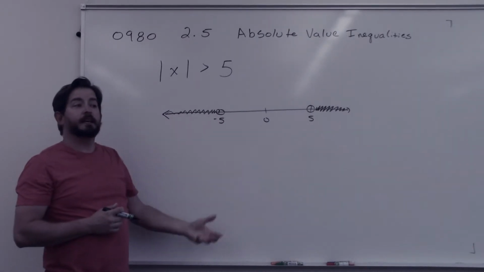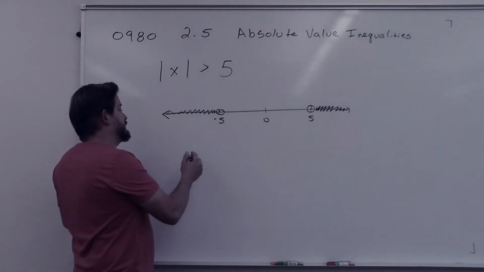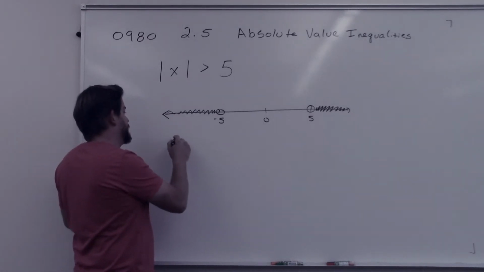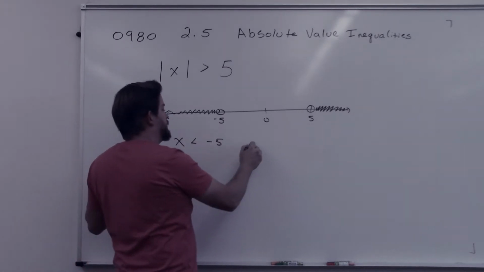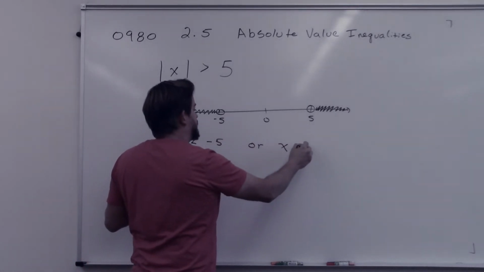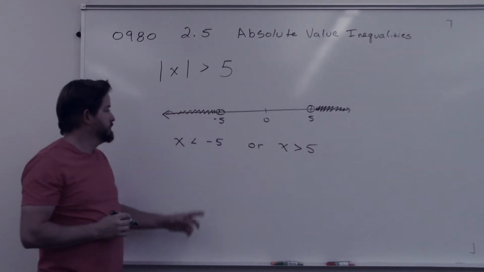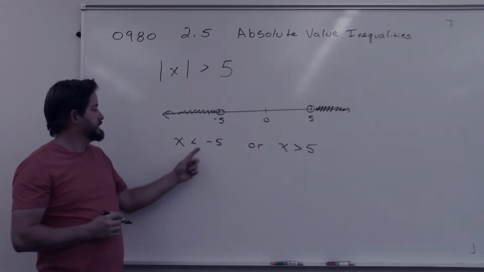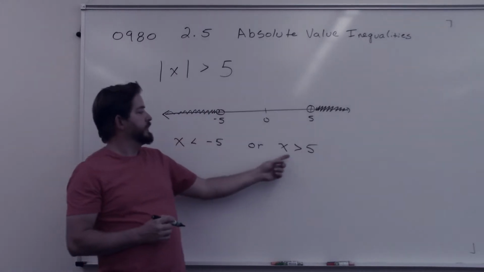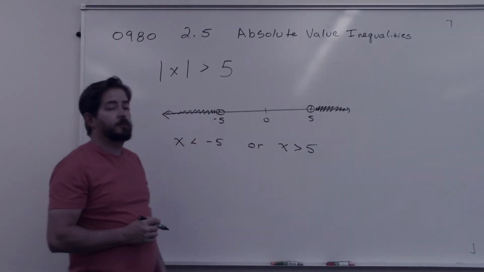And in fact, that's exactly what it is. This is the union, or the OR, of x is less than -5, or x is greater than 5, right? The x is less than -5 corresponding to this part, x is greater than 5 corresponding to that part.